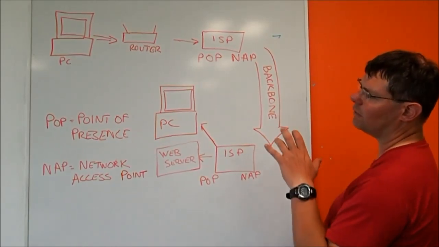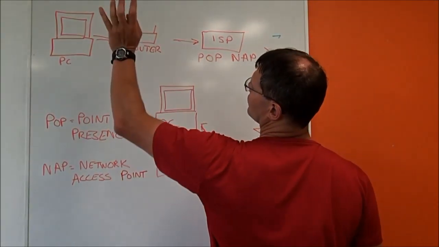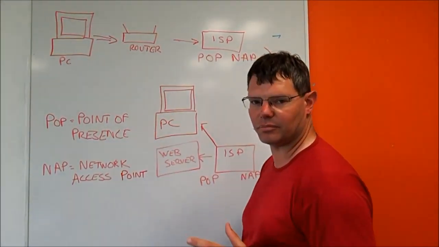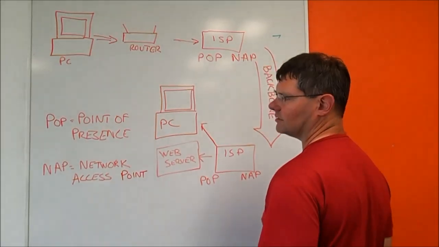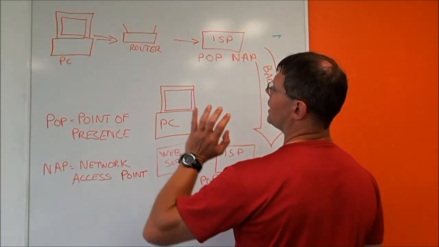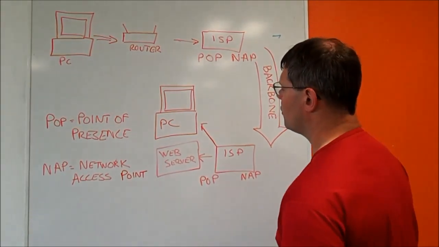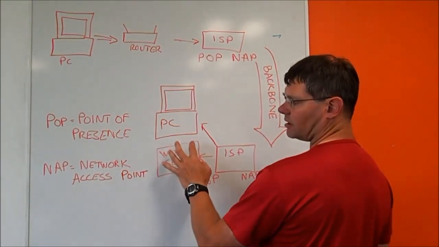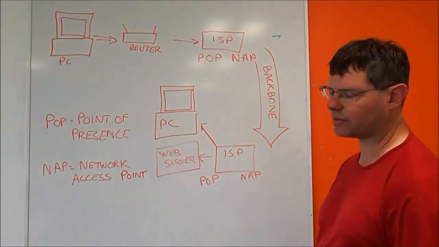So the whole point of the internet in this particular thing is you want to get from your PC, and I say PC, but it could be your mobile phone, it could be your tablet, anything else that's connected to the internet. But you start off at your PC and you want to get some information from either a web server, which, we've talked about web servers already, places where you store lots of web pages and things like that.